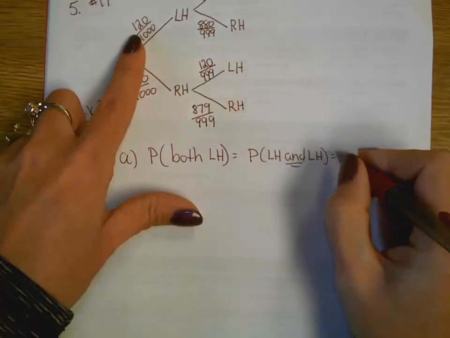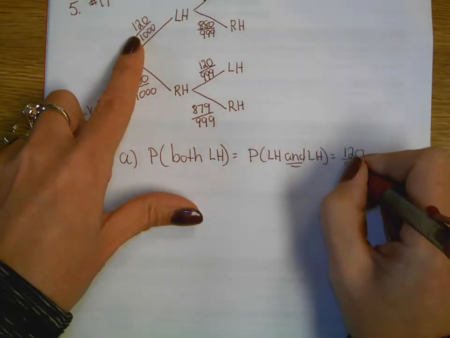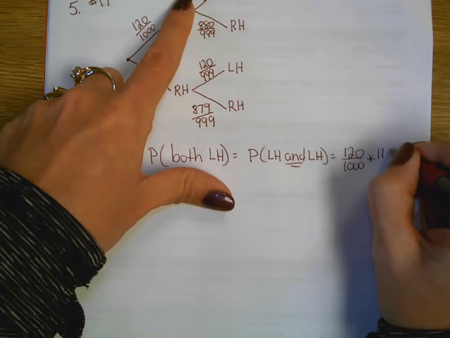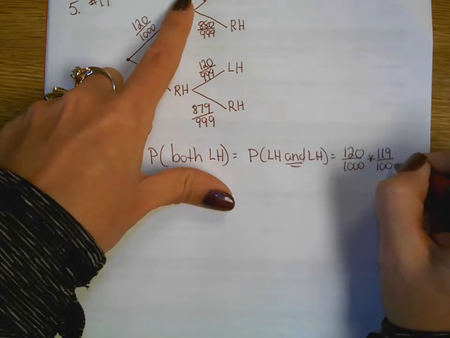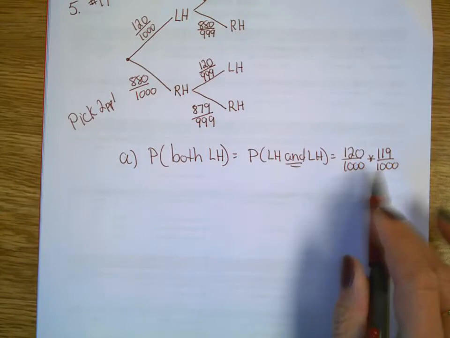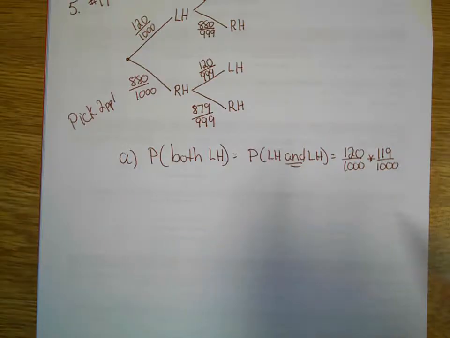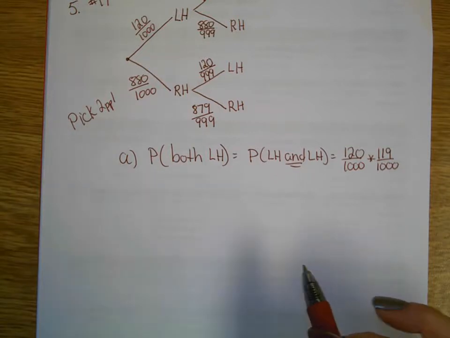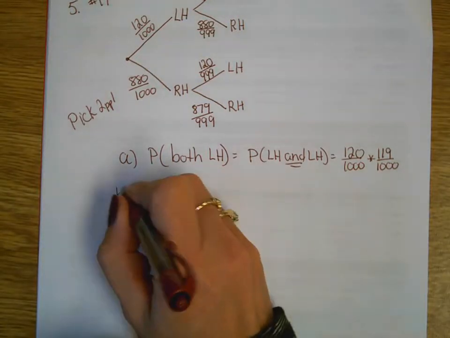So I just follow the branches out. 120 out of 1,000 multiplied by 119 out of 999. And again, I'm not going to finish that up because for notes, this is what's important. You can finish it up on homework and get the decimal place out to the thousandths place, it looks like.